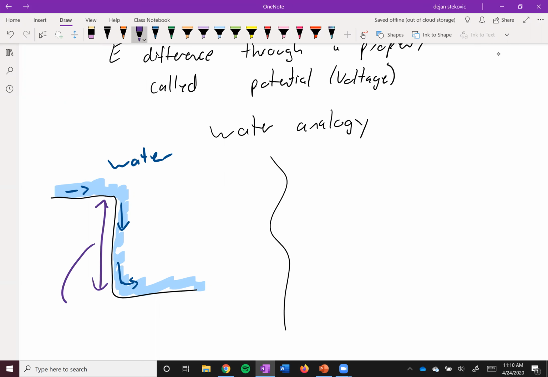And so we can think about this height difference as something that is important. So if you were sitting under this waterfall, depending on how tall it is, you would experience more force for a taller waterfall and less force for a less tall waterfall, assuming the water didn't reach terminal velocity, right?